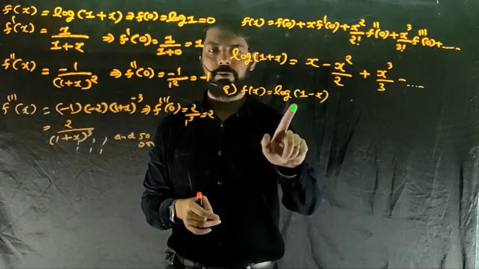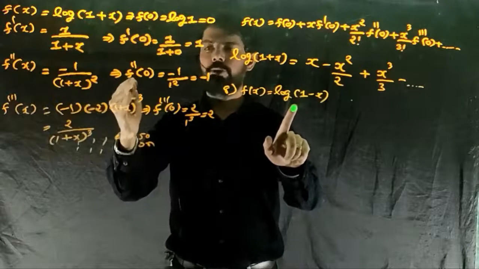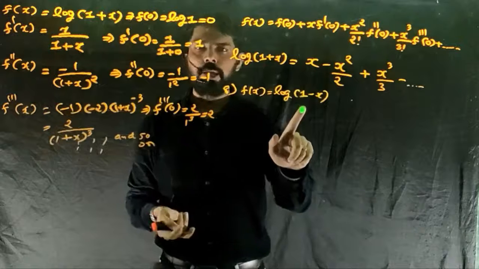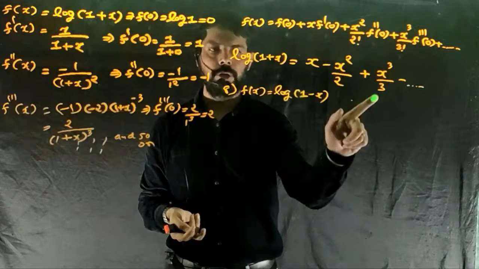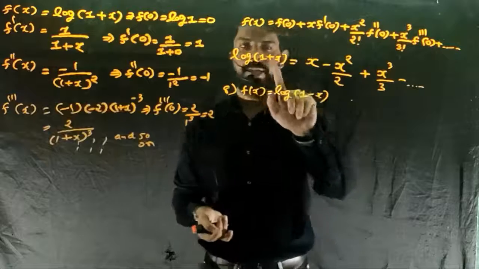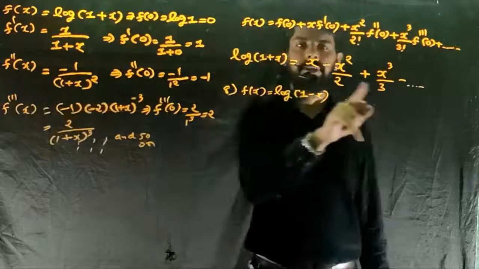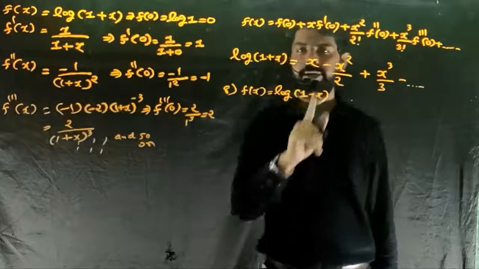First of all, we can find f of 0, then f dash 0, f double dash 0. But as we have already obtained the Maclaurin series for log 1 plus x, we can directly replace x by minus x. So in this series we will replace x by minus x.